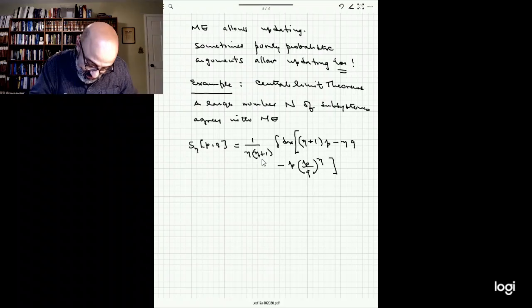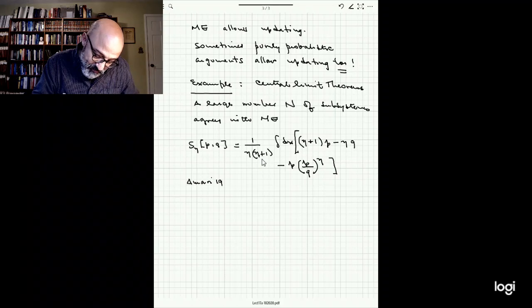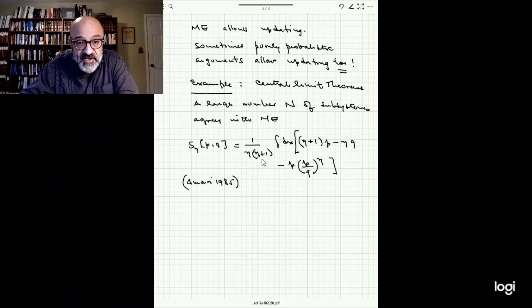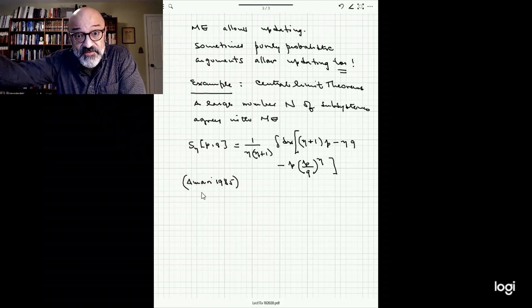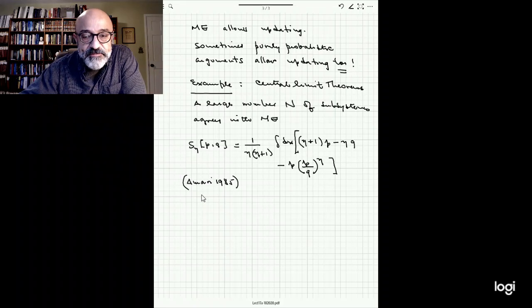Okay, very good. This is a generic form for entropies described by Amari. Shun'ichi Amari is a really important Japanese statistician. We're going to have more to talk about him in the next few lectures when we discuss information geometry.